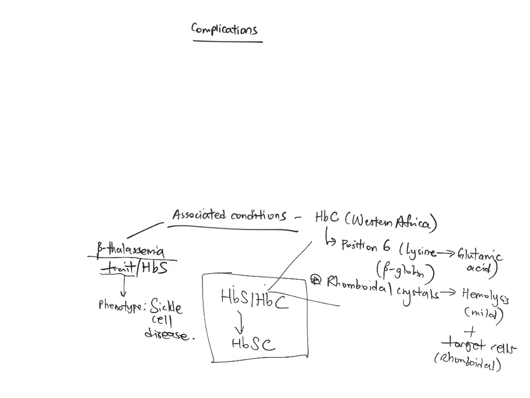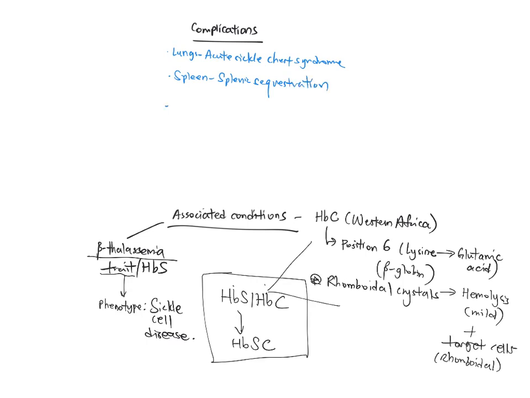So just to summarize the complications, we discussed several organs that could be affected. We talked about the lungs, where acute sickle chest syndrome could happen. We also talked about the spleen, where a splenic sequestration could present as well.